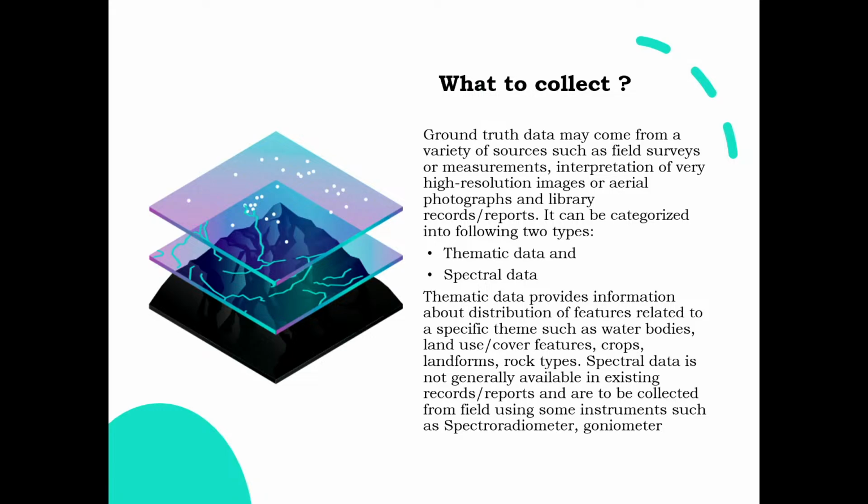Thematic data provide information about distribution of features related to a specific theme such as water bodies, land use, land cover features, crop, landform, rock type. The spectral data is not generally available in existing records and reports and is collected from the field using instruments such as the spectroradiometer and goniometer.